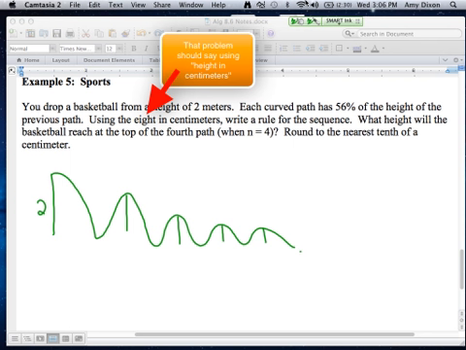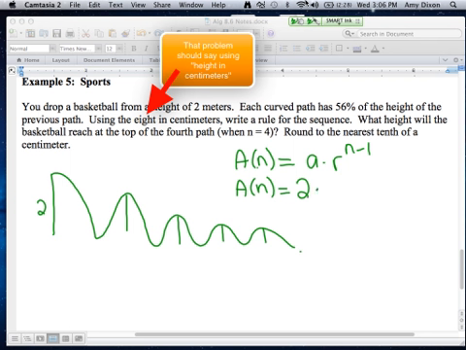So now our regular rule for a geometric sequence is a of n equals a times r to the n minus 1. R is our rate. They give us a rate of 56% each time. So we can put that in for rate. Now we know our first term is 2 because it starts from 2 meters.